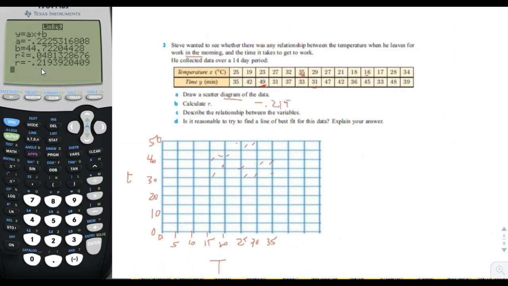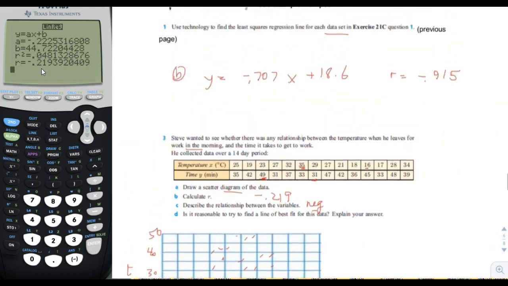And then it asks me to describe the relationship between the variables, and first of all, it's a linear correlation that's negative. And it looks weak because 0.219 is very close to 0.